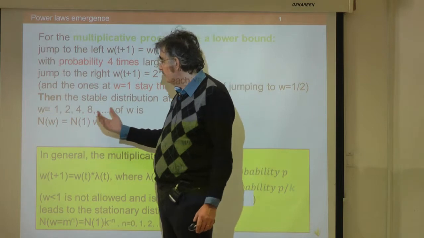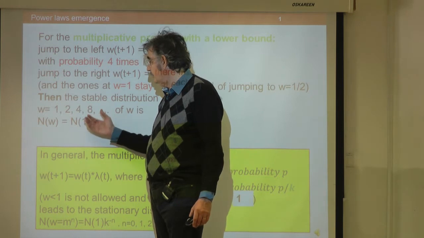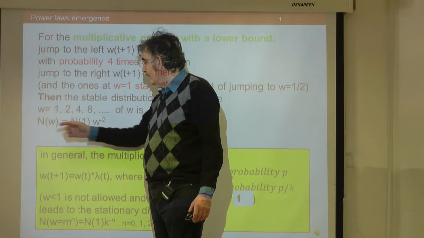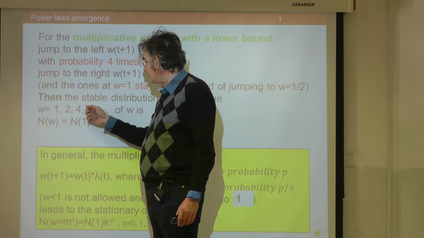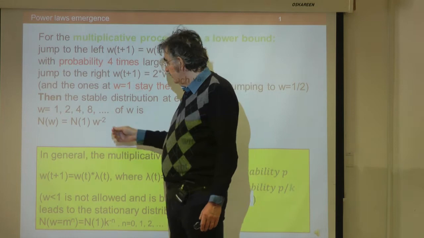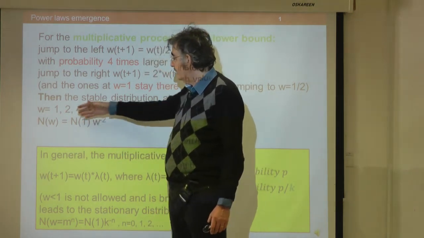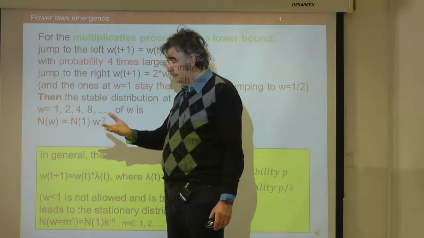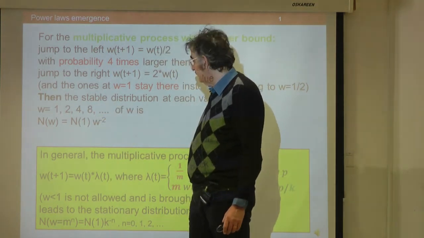So we speak in terms of probabilities, in terms of what is a fraction of realizations out of the entire, which we call 1, which is at a given time at w equal 1, what is a fraction at w equal 8, and so on. So we can have either the normalization by just taking an overall factor, or by taking the sum of all of them and dividing by the sum, and then we have a bunch of numbers whose sum is 1. So this would be a probability.